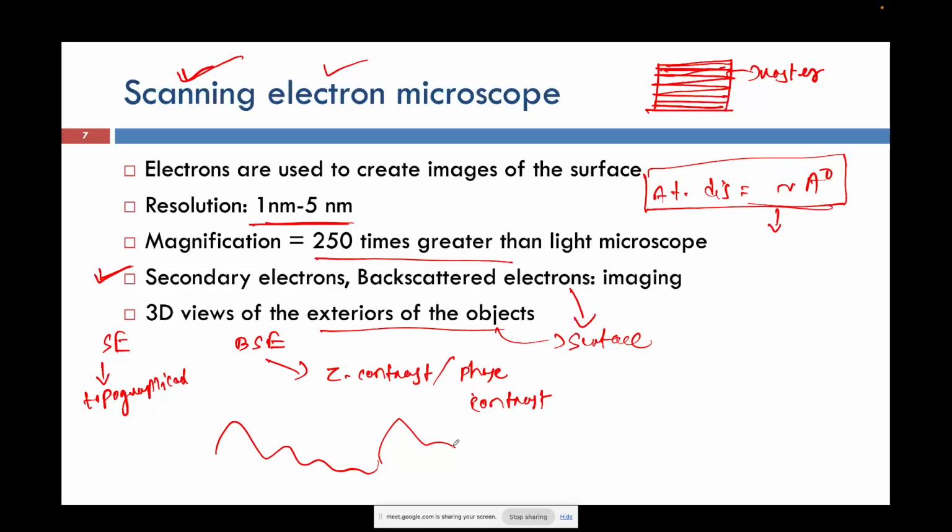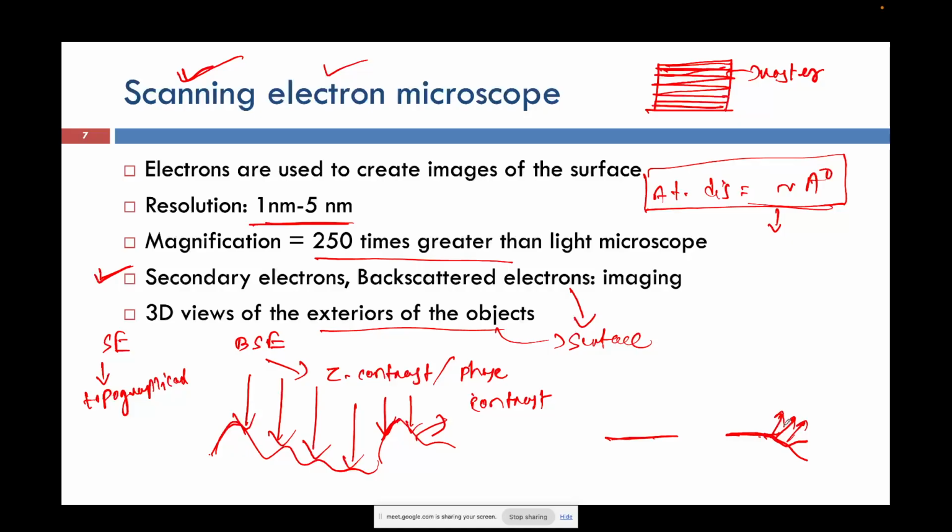So this is the reason we generally use secondary electrons, because let's say your incident beam is coming and lots of secondary electrons are generated, so there is an effect called edge effect, right? The edge effect means, let's say I have a flat surface and an edge kind of surface here. In the edges, the number of secondary electrons emitted is in a very large quantity.